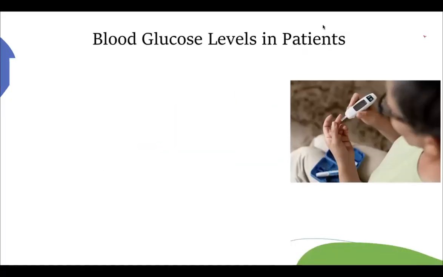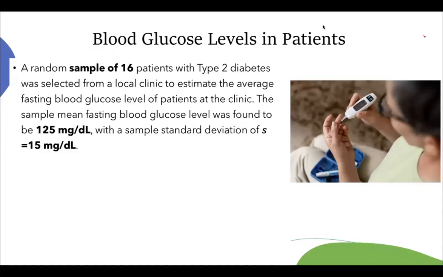Let's work on our first problem, blood glucose levels in patients. A random sample of 16 patients with type 2 diabetes was selected from a local clinic to estimate the average fasting blood glucose level of patients at the clinic.